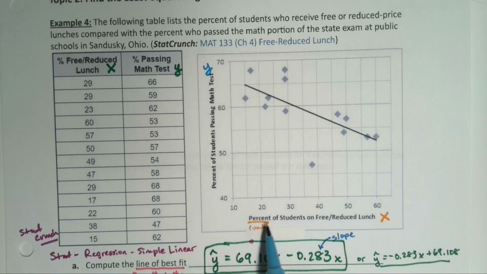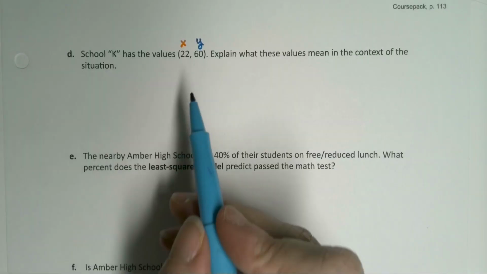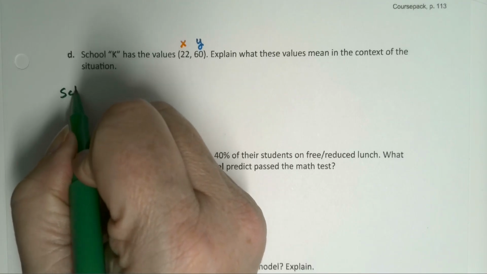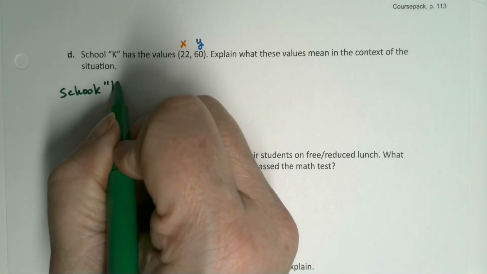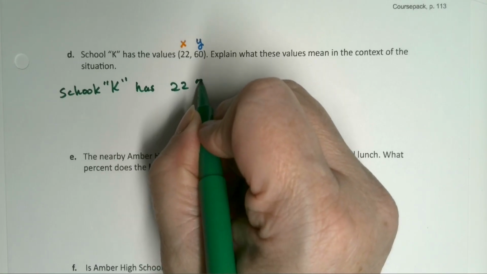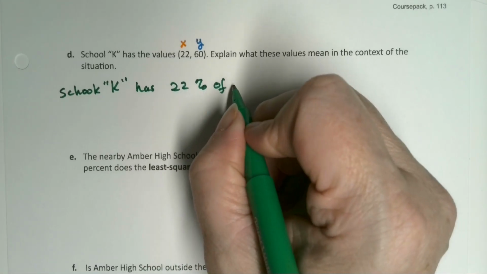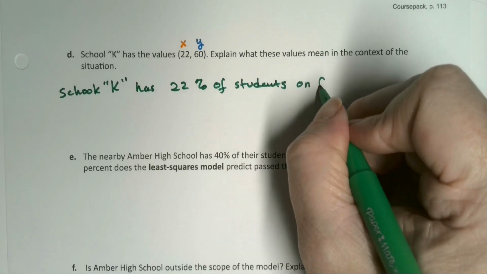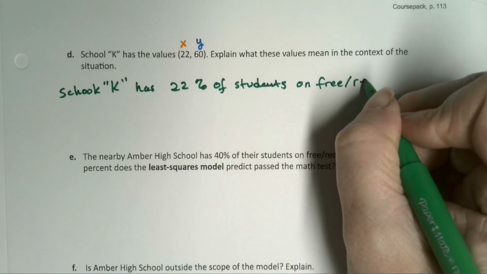Right. So the percent of students on free reduced lunch, which is your X, is 22. So you would say school K has 22% of students on free reduced lunch. There's no script for this. All you're doing is tying the variables back to what they were.